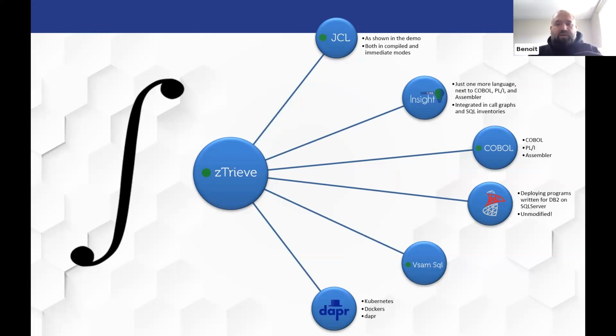And zTrieve integrates with that completely transparently. You don't need any modification to access what used to be a flat file, which now sits in VSAM SQL. No modification at all in the zTrieve; it just integrates seamlessly. This is part of the whole effort to have all our products be as cloud native as possible, integrating with Kubernetes, Docker, and all the different container providers.